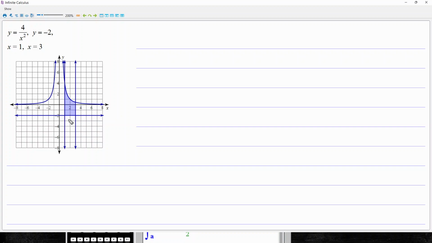So our area A1 can be given by the upper function, which is truncus. So that is 4 over x squared. And then from that, we take away the lower function, which is y is equal to minus 2.